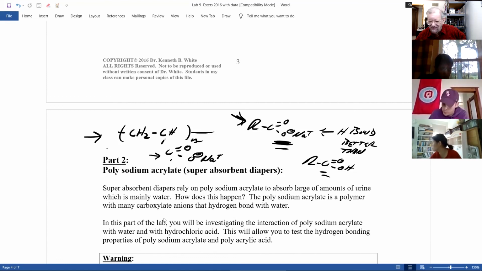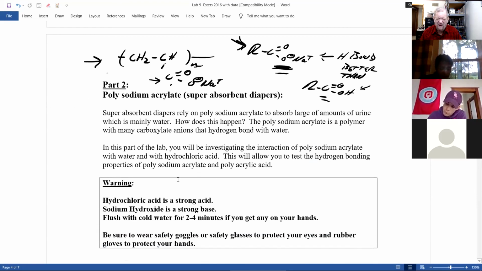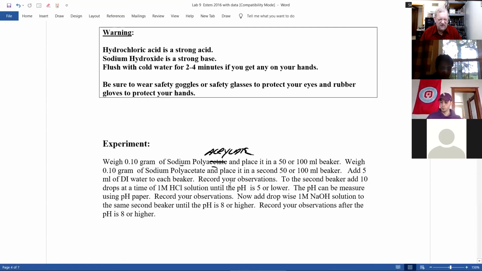Thank you again, Calvin. And it hydrogen bonds better than a carboxylic acid. In today's lab, you're going to find out, am I lying to you or not? I'm not, but you'd find out in the lab. And I just realized this should be not acetate, this should be acrylate.